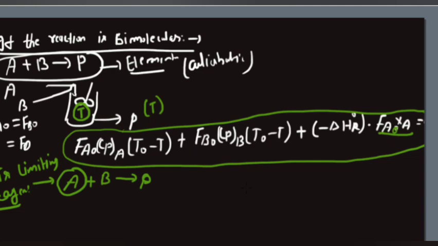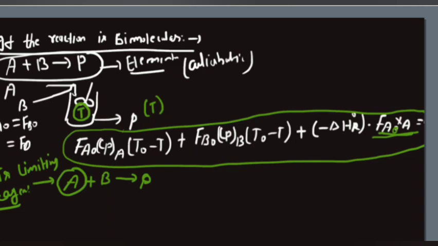So there won't be any temperature increase or decrease inside the reactor, whether it is an exothermic or endothermic reaction. The energy balance also depends on the limiting reagent, because the limiting reagent takes part in the chemical reaction up to its limiting value, meaning 100% conversion. After that the reaction won't take place. That's why we assume the limiting reagent here. If B is the limiting reagent, then we write FB naught XB.